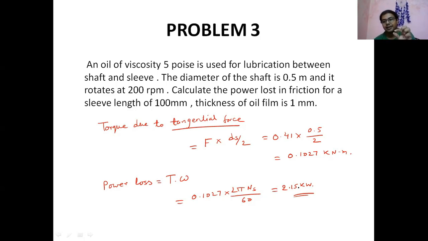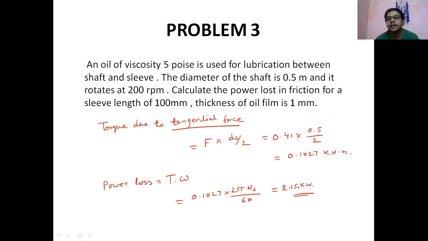If the thickness is not small enough, then you have to go by the integration procedure, no other way. With du by dy at some point, some r value, you have to find it out, then go by integration, and then you can solve this kind of problem.